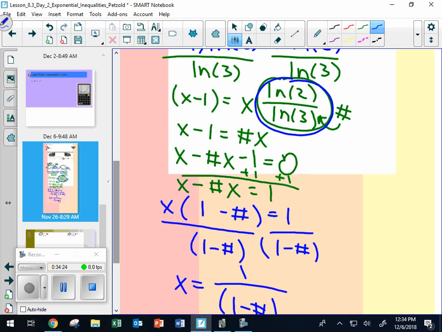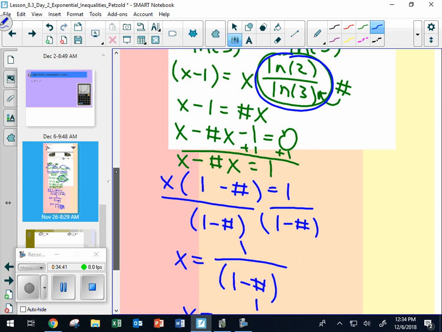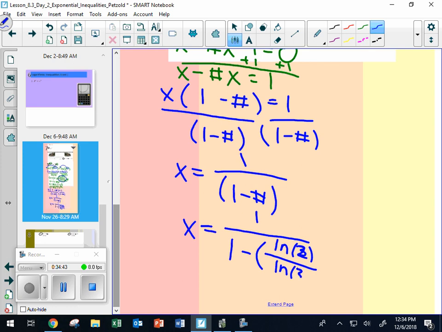And you could find the decimal for it, but again, they're asking for the exact answer in this case. And if they're asking for the exact answer, I would just put it right back how it was. So this was the natural log of 2 over the natural log of 3? 2 over 3, okay. I'm not going crazy. Good to know. And that would be my exact answer.